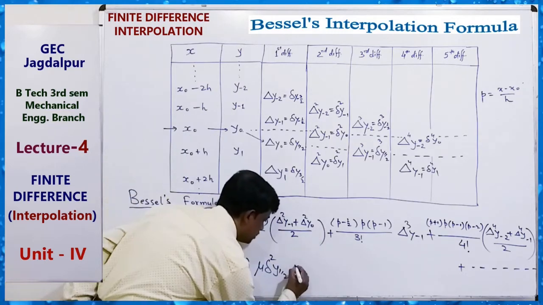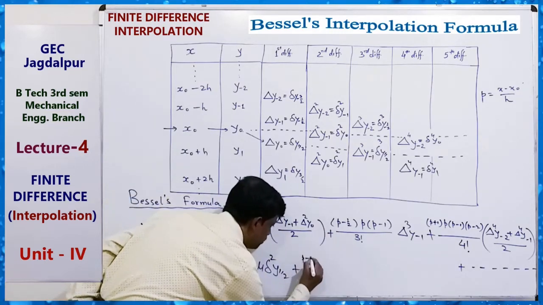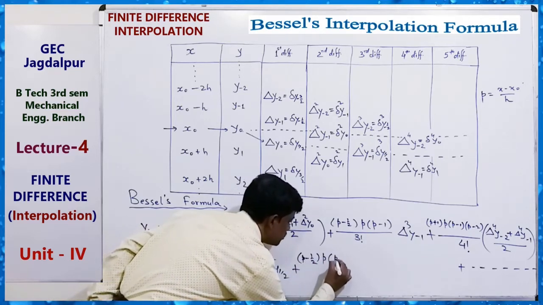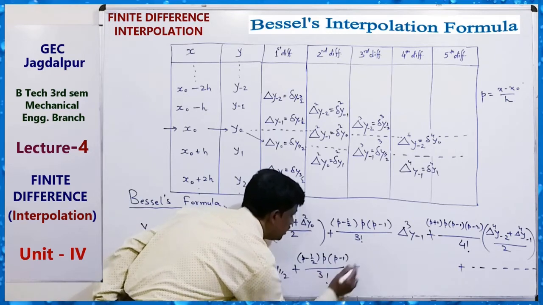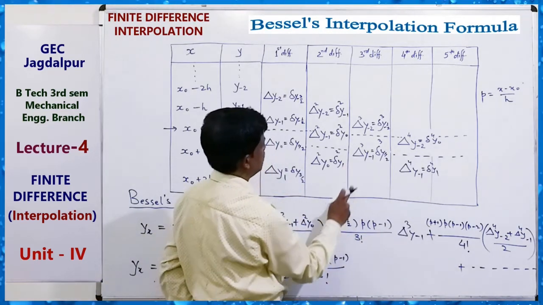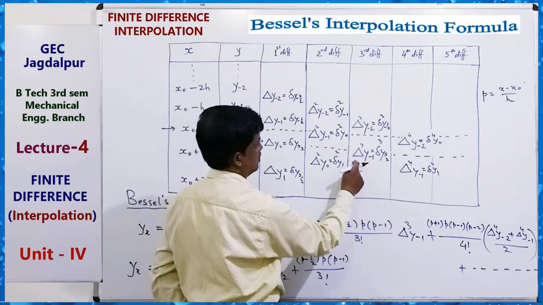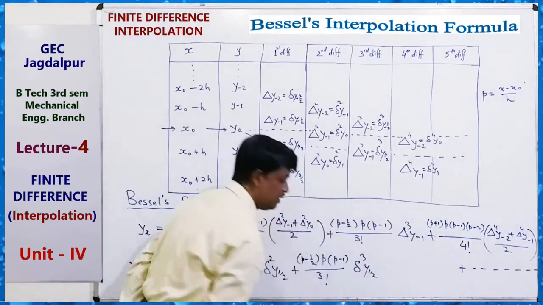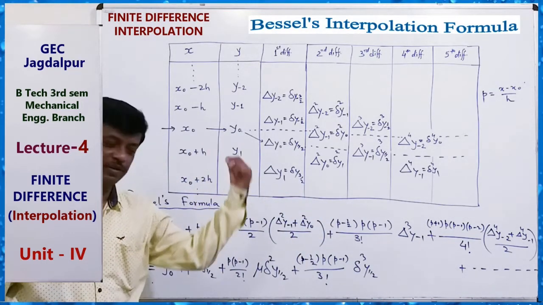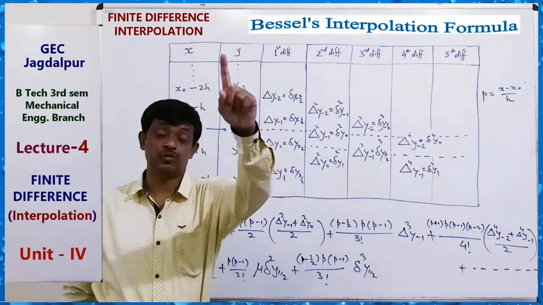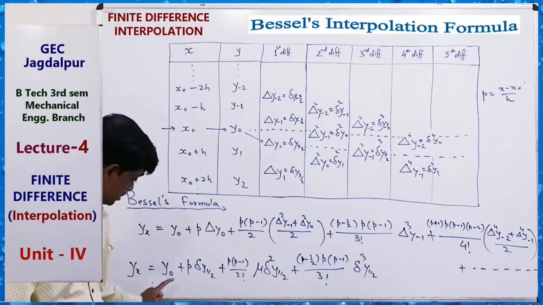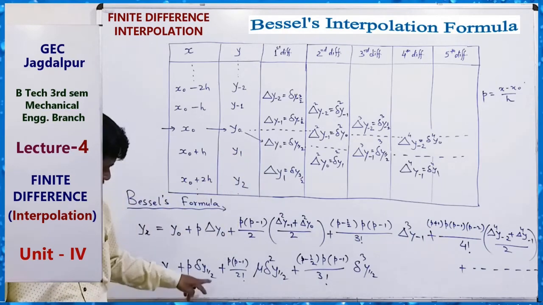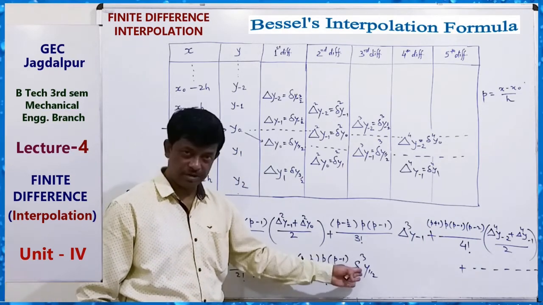Now, plus p minus half, p minus 1 by 3 factorial, and without average, this del cube y half. Index is half. In the Stirling formula, index were 0, 0, 0 totally. But here, first is at 0 and remaining are at half suffixes. Half, half, half, without average here.